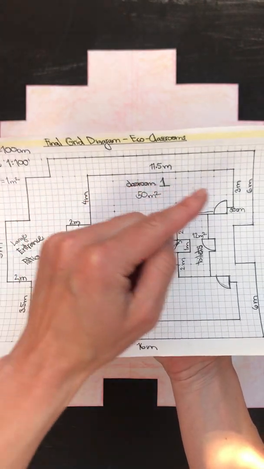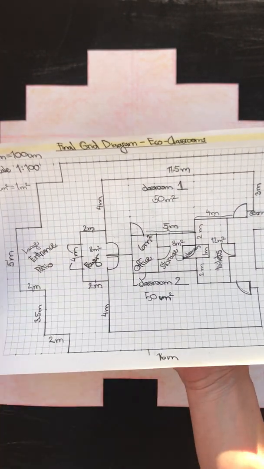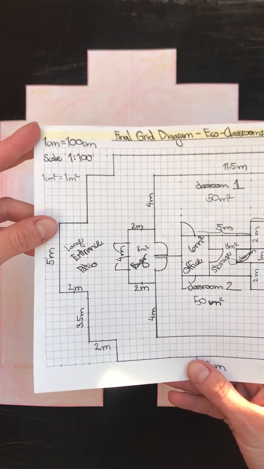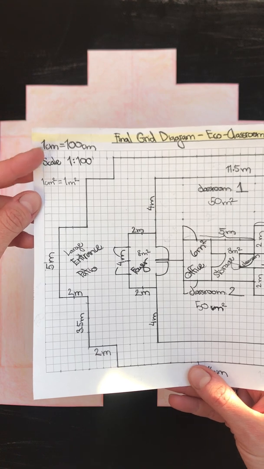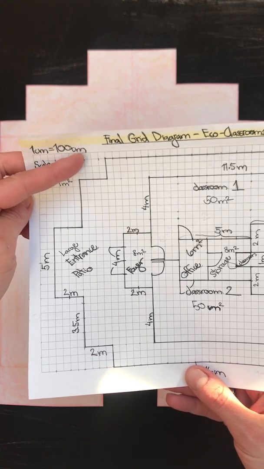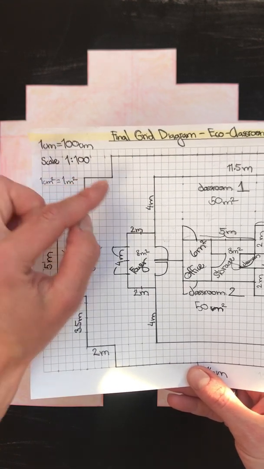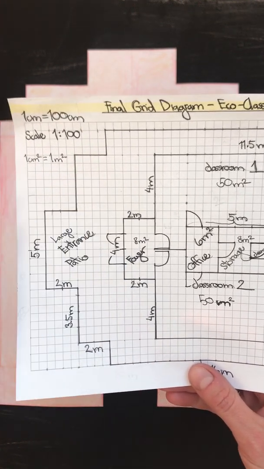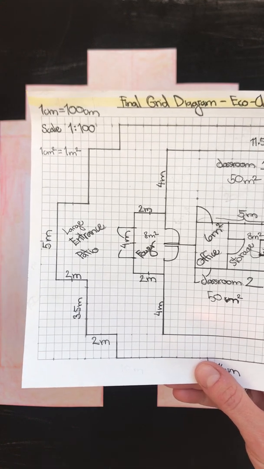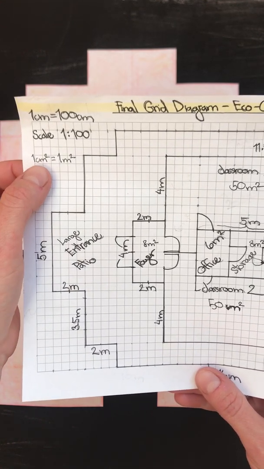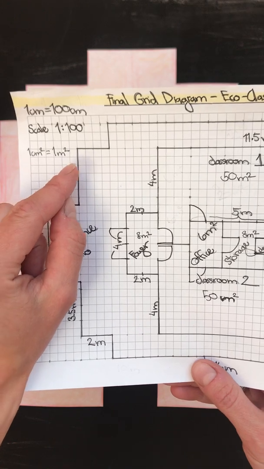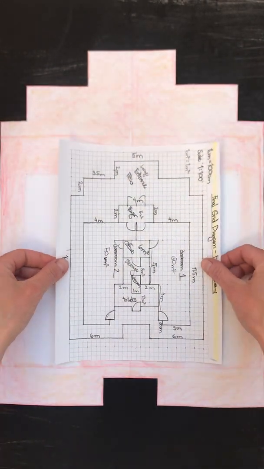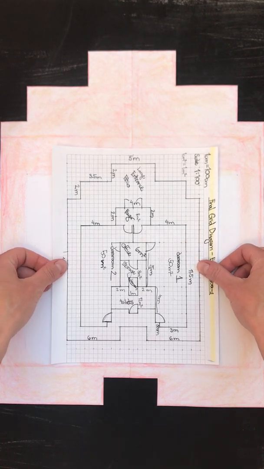The scale factor that we have so far been using on our grid diagrams and floor plans has mostly been, in all of our diagrams, 1 centimeter equals 100 centimeters in real life, or scale 1 to 100, which means that 1 centimeter in my diagram equals 100 centimeters in real life, or 1 centimeter squared equals 1 meter squared in real life.